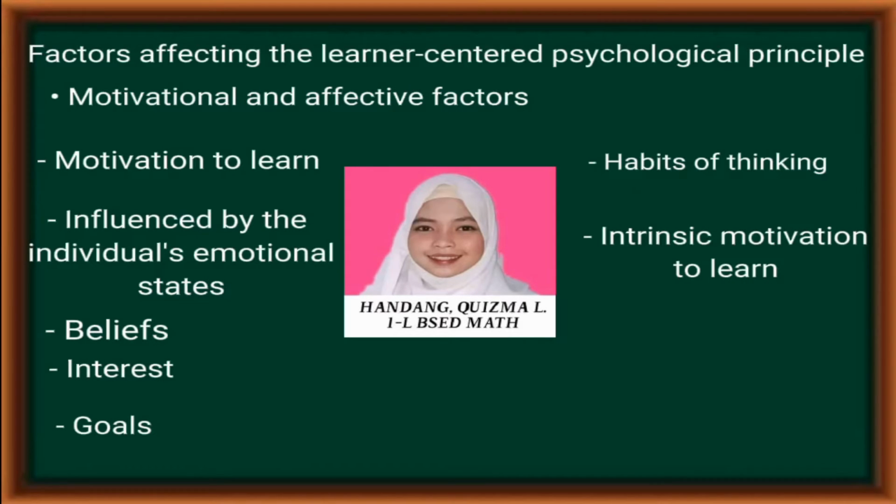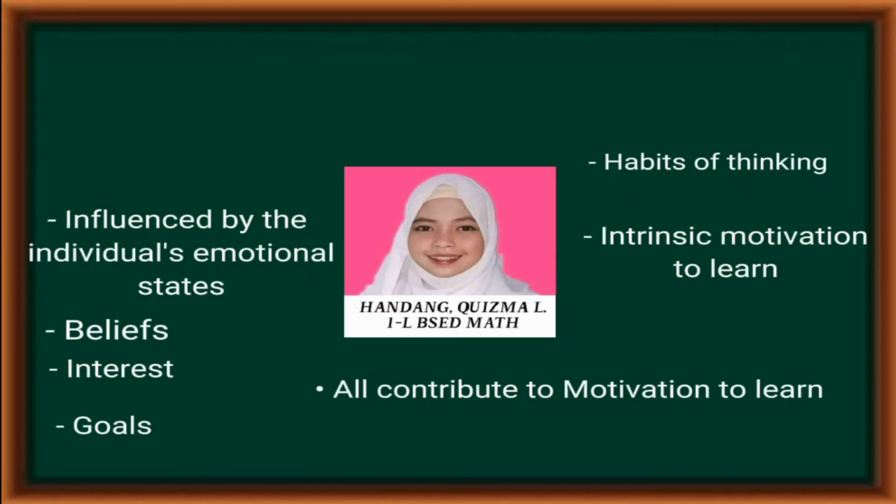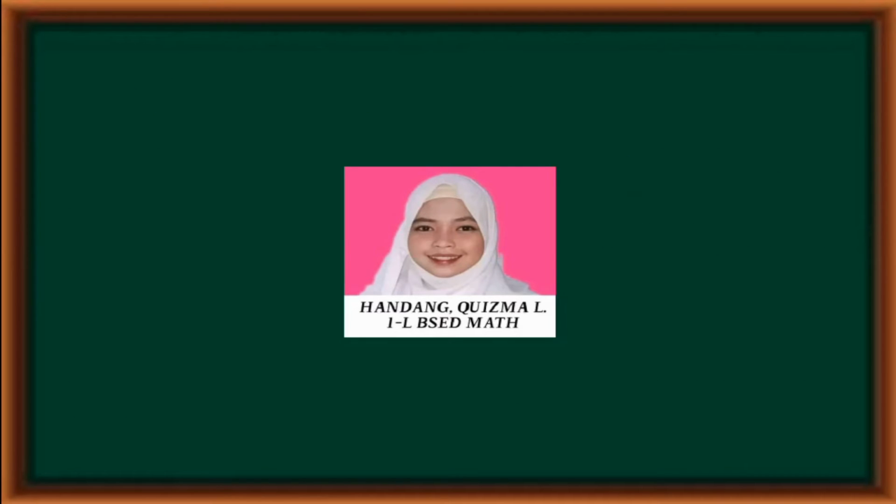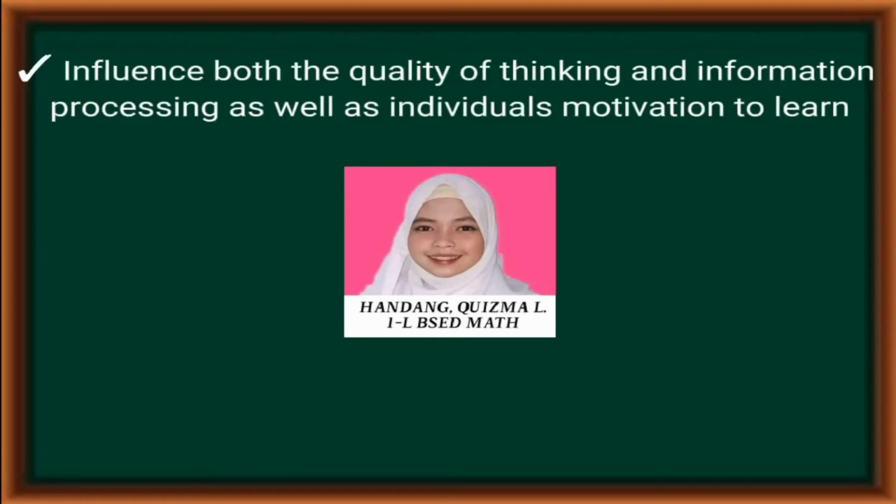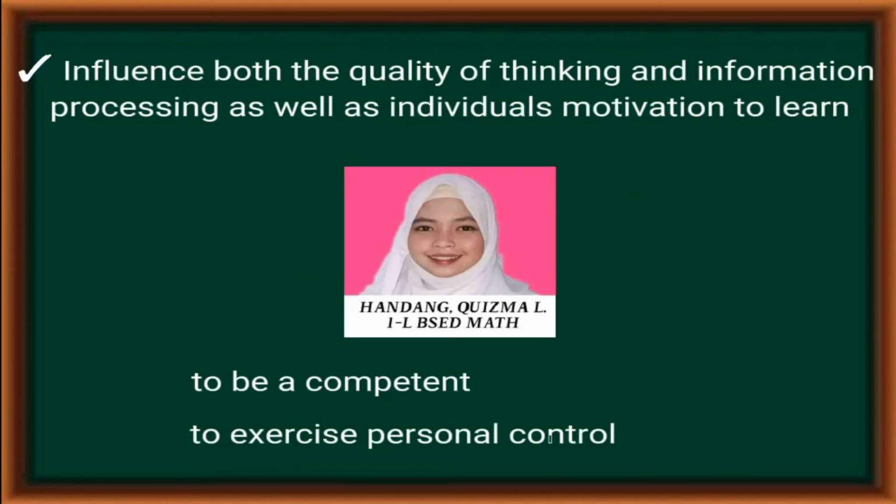Intrinsic motivation to learn: the learner's creativity, higher order thinking, and natural curiosity all contribute to motivation to learn. Also, motivation and emotional factors influence both the quality of thinking and information processing, as well as individuals' motivation to learn, which is in large part a function of meeting basic needs to be competent and to exercise personal control.